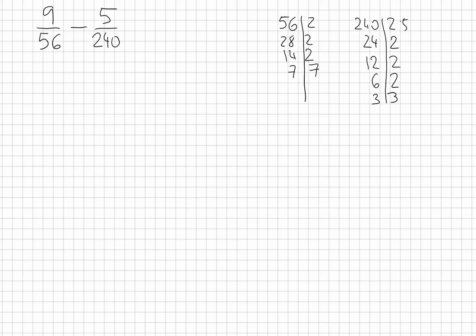So 56, I can write it again. 9 over, instead of 56, I can write 2 to the power of 3 times 7, minus 5 over 240, which is 2 to the 4 times 3 times 5.